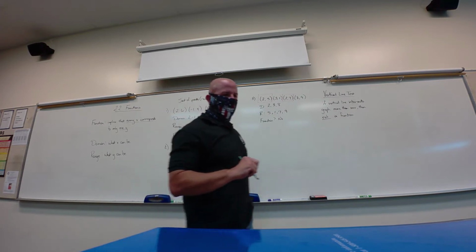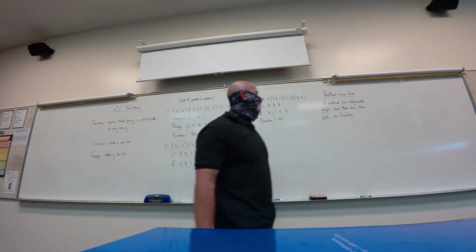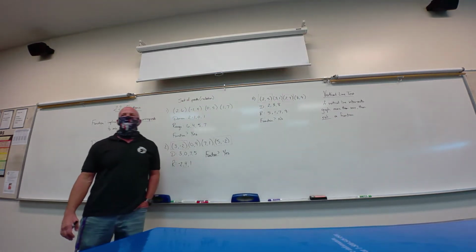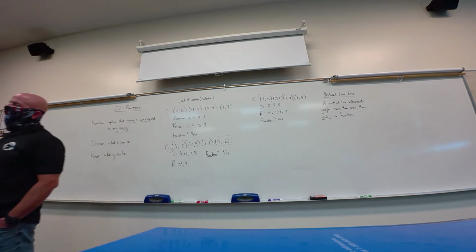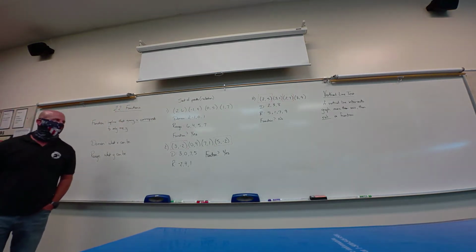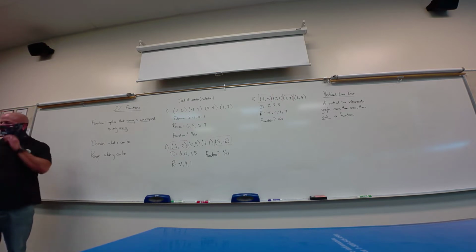A vertical line intersects the graph more than once, then it's not a function. Now, it's probably been a little while since you've used that vertical line test. Let's kind of look at some graphs here and investigate.